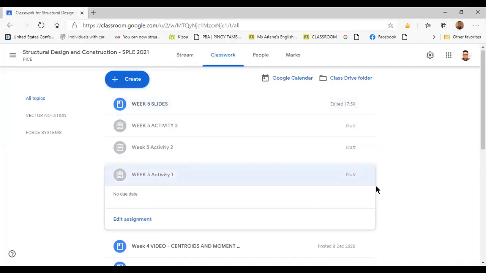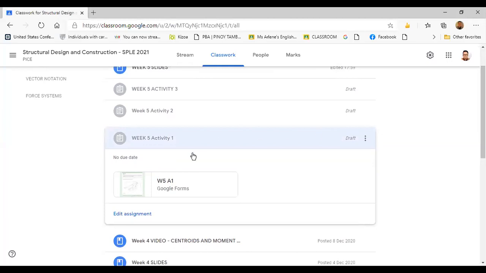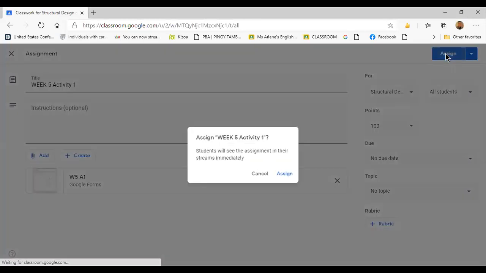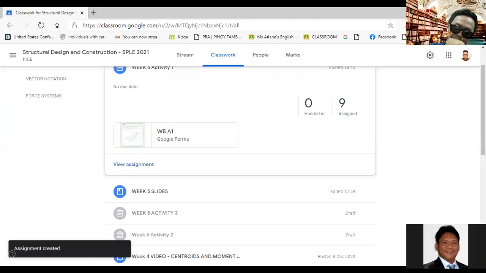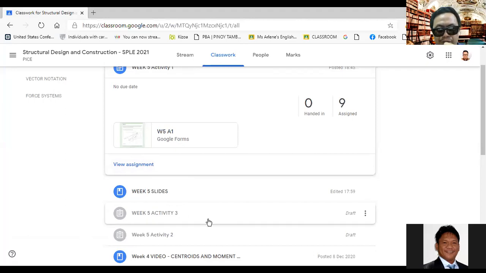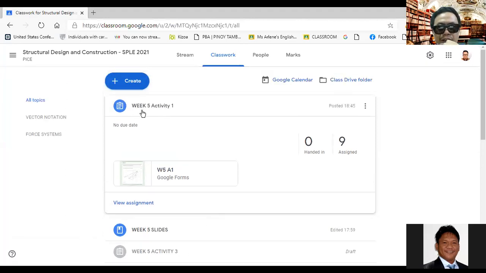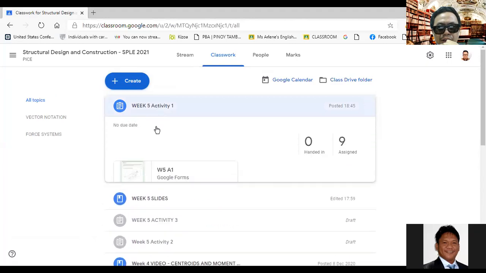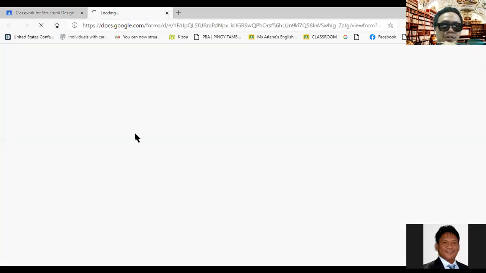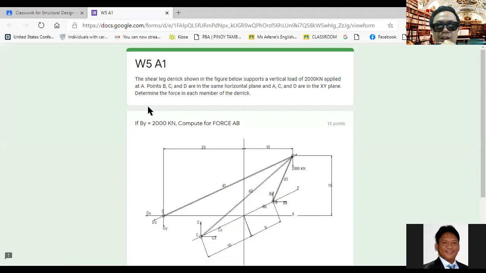Okay. Activity 1. Hindi ko pa pala na share. Open ba yung computer nyo? Should be open. Okay. Here's activity 1. Click nyo lang. Okay. Click nyo.